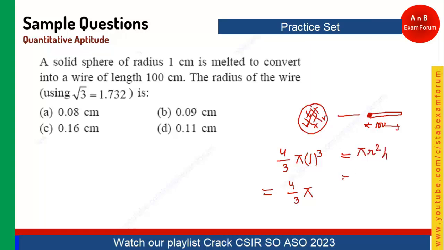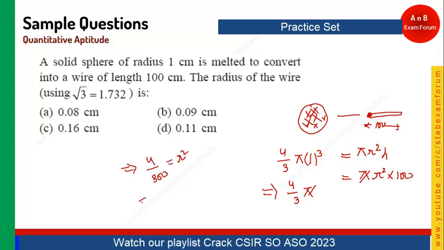Okay, so h is what? Pi r square we need to find out. h is 100. So pi and pi get cancelled out. If you cross multiply, you will get 4 upon 300 as r square.